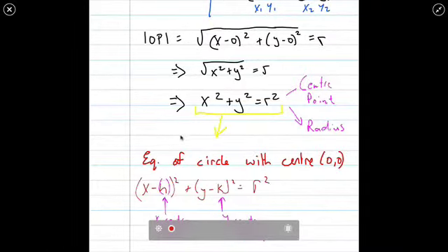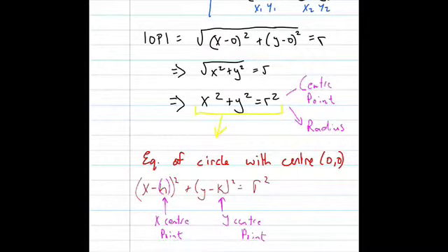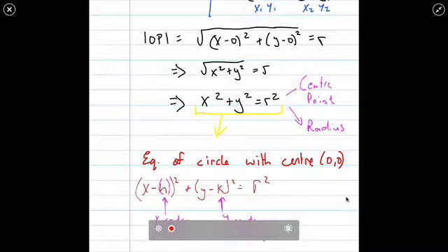This equation here is the equation of a circle with center not 0, 0. So see the h part there. That will be the x point at the center, and the k is the y part of the center. Will you just scribble that in your notes as well?